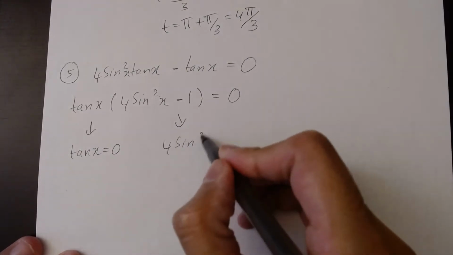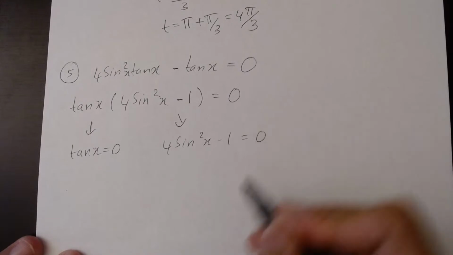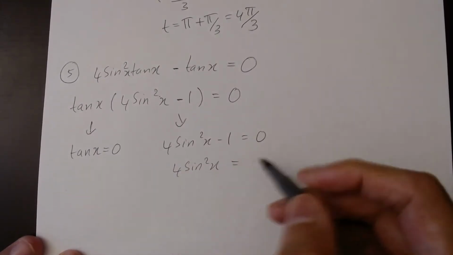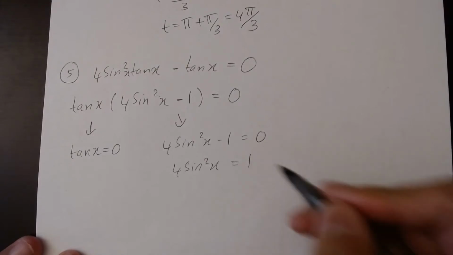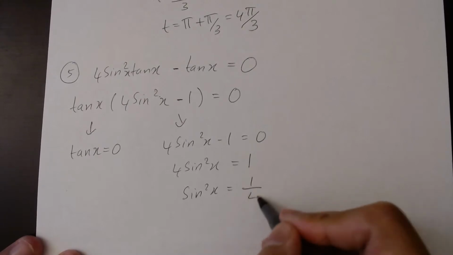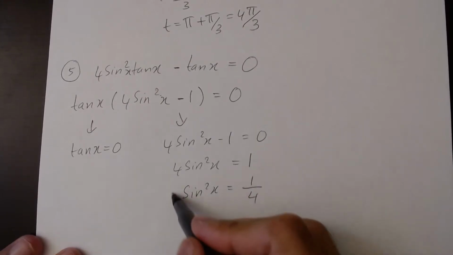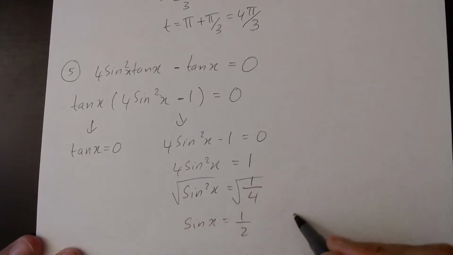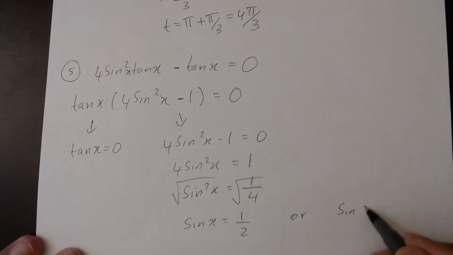4 sine squared x minus 1 equals 0. So 4 sine squared x equals 1. Sine squared x equals 1 over 4. If I square root both sides to get rid of the square, I'll have sine x equals 1 over 2, or sine x equals negative 1 over 2.